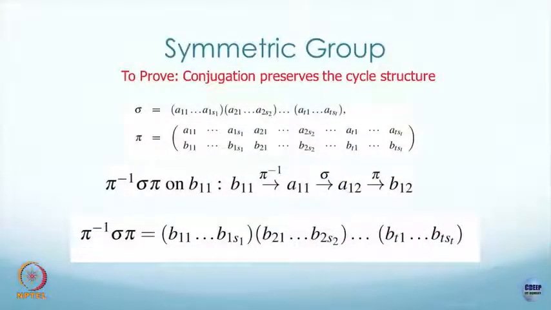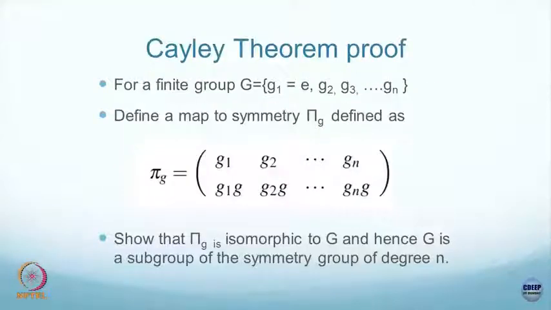That is all I am trying to motivate, these are the steps. Even though I have looked at a specific element in this order of pi inverse sigma pi, you can see that the conjugation preserves the cycle structure. So, that is why I said pi inverse sigma pi ultimately can be rewritten as S1 cycle, S2 cycle up to ST.